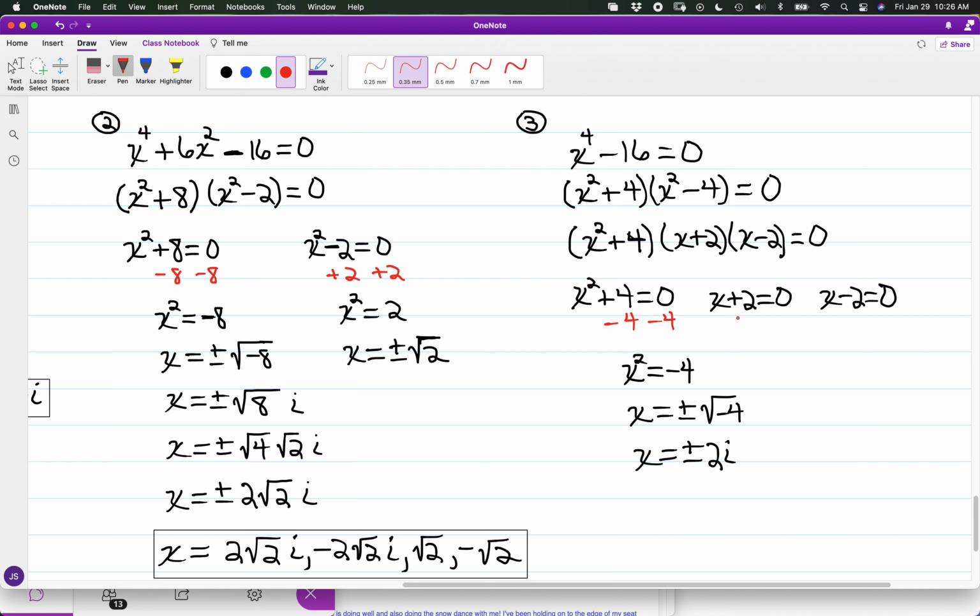For the linear factors, x plus 2 equal to 0 gives x equal to negative 2, and x minus 2 equal to 0 gives x equal to 2.